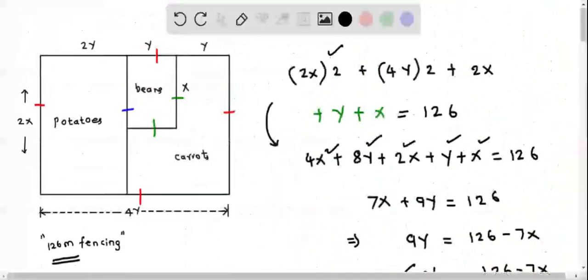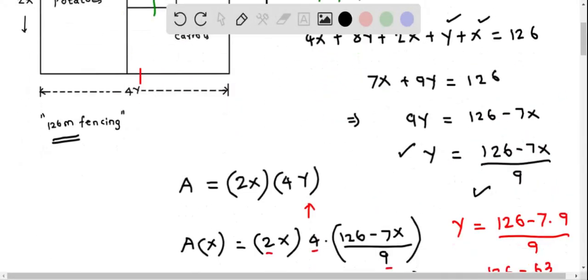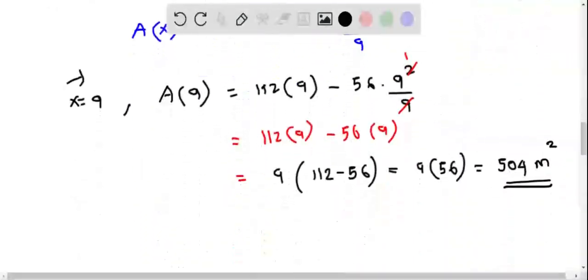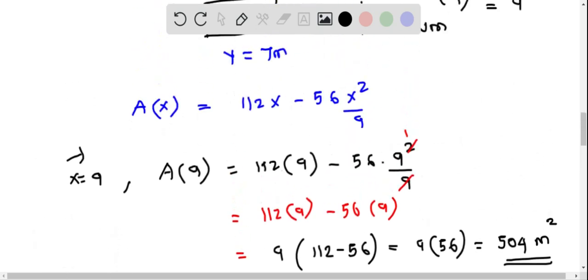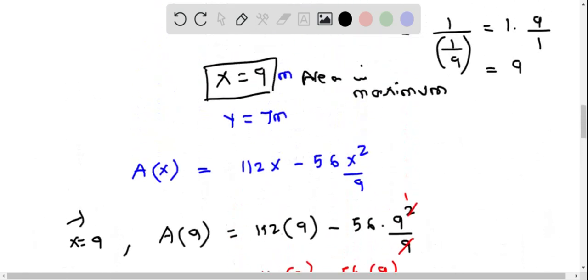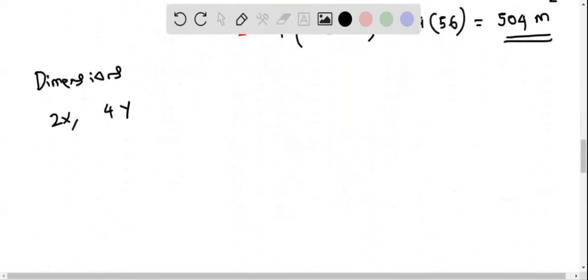Let's check it out from the figure. The dimensions of the rectangular field are 2x as well as 4y. So let's write down here the dimensions are 2x comma 4y. We can replace the values of x and y. We have x equal to 9, y equal to 7.